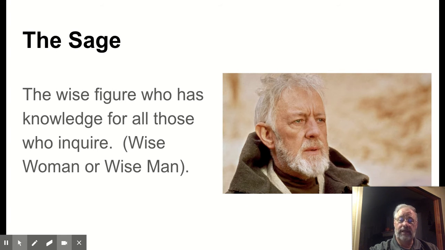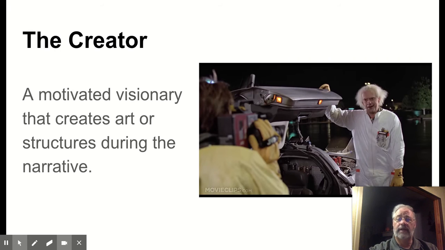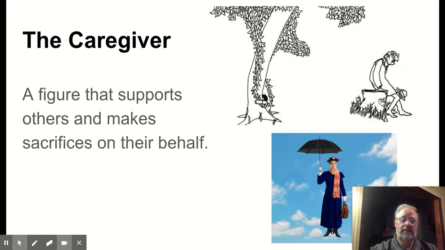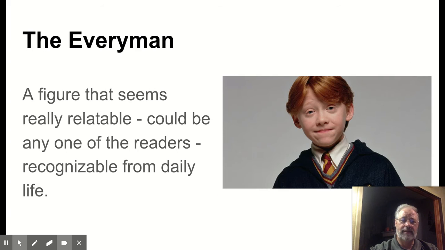The wise old sage that people go to for advice. The innocent, okay, pure character, good intentions. The creator, okay, visionary. The ruler, the legal or emotional power over other characters. The caregiver, okay. The jester, comic relief, okay, can be funny. And then lastly, the everyman character.